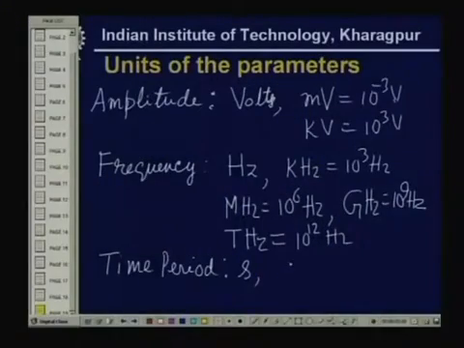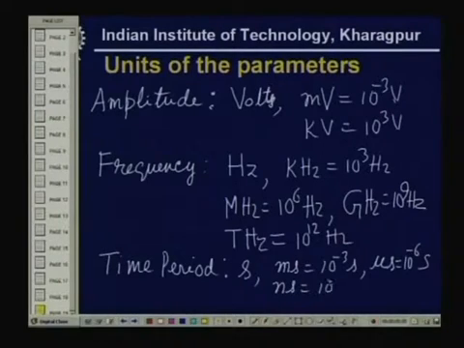Say millisecond, that is equal to 10 to the power minus 3 second, or microsecond, 10 to the power minus 6 second, or nanosecond, 10 to the power minus 9 second, or picosecond, 10 to the power minus 12 second. So these are the various units for amplitude, frequency, and time.